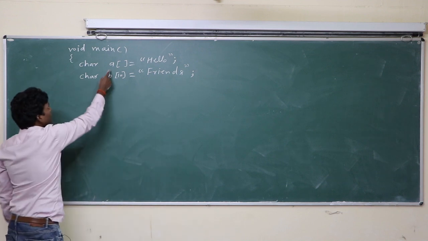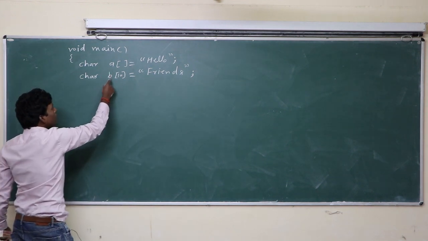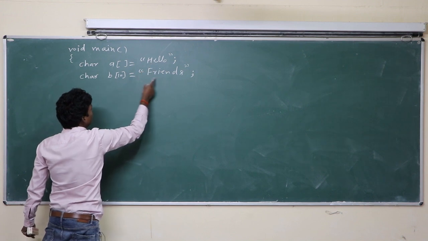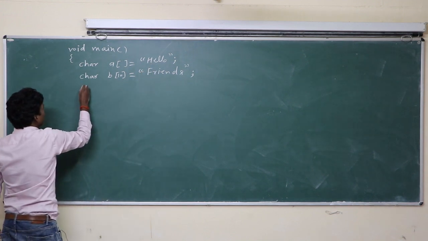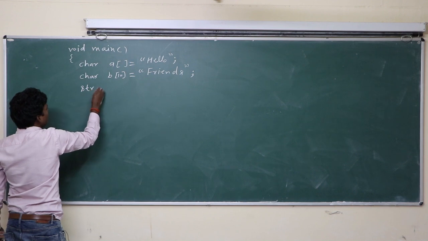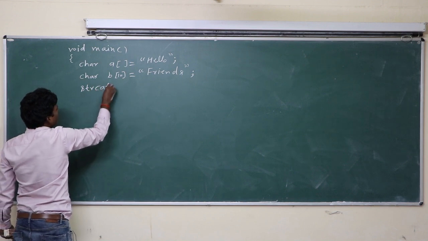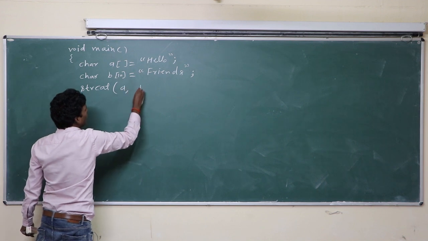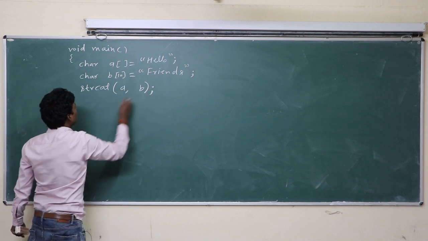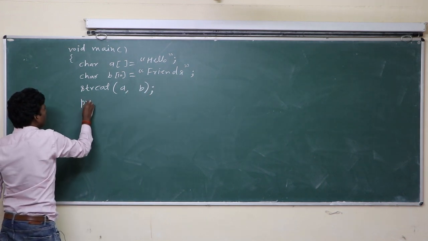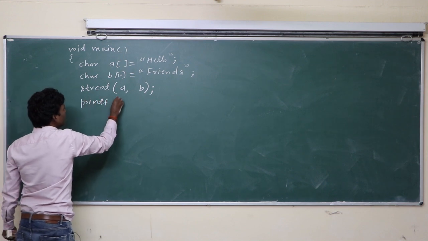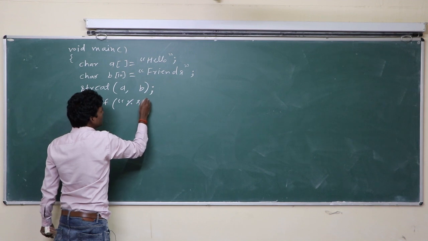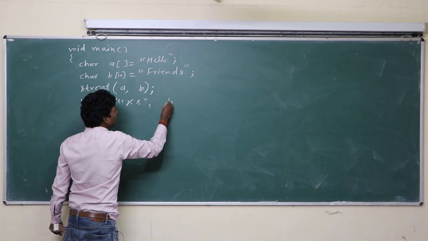There are two strings, string A and string B. In string A the content is hello, in string B the content is friends. Now strcat, and we apply here A comma B. Okay, printf %s A.